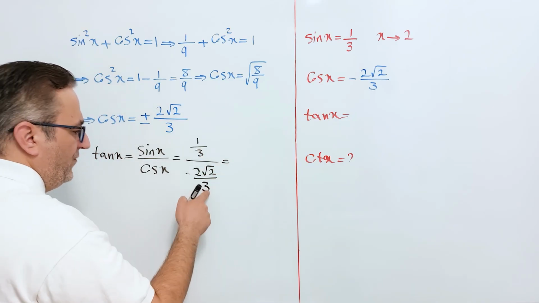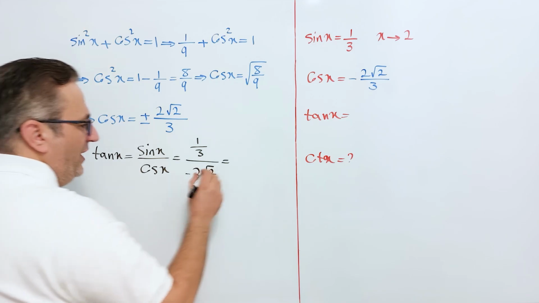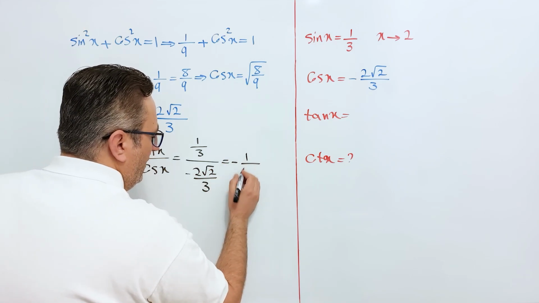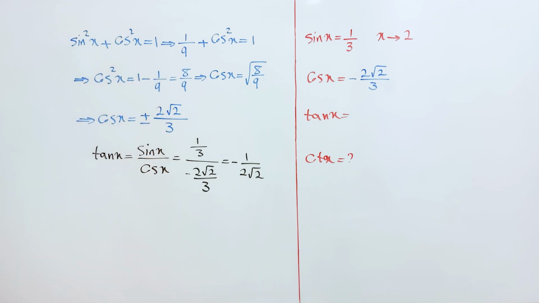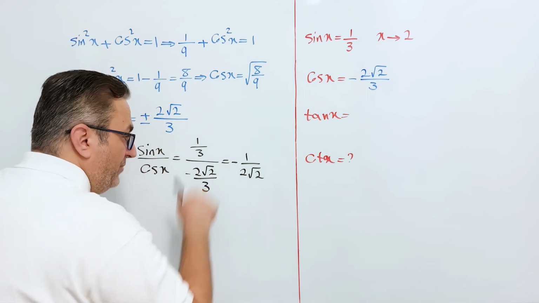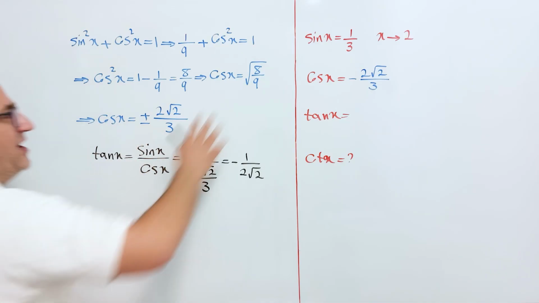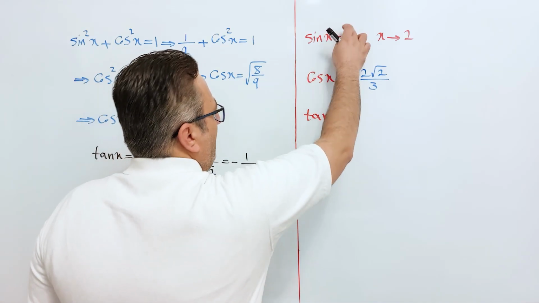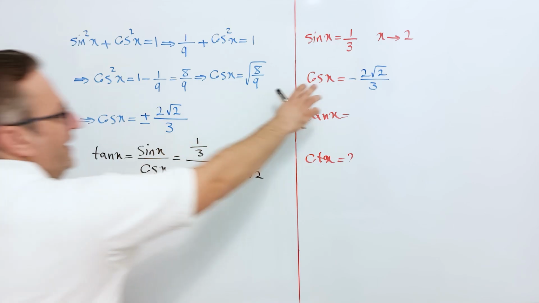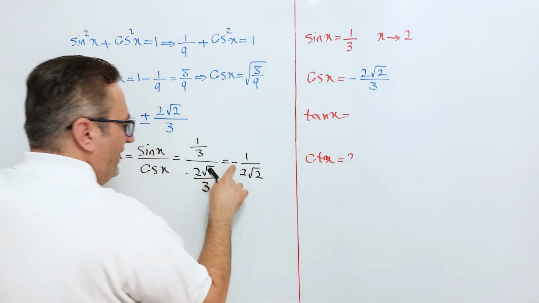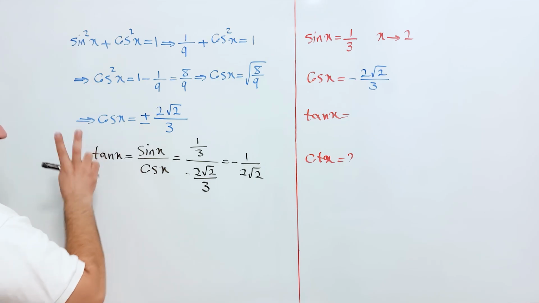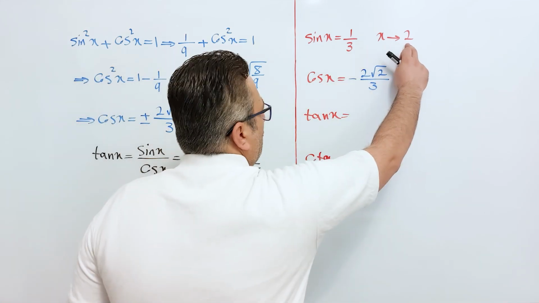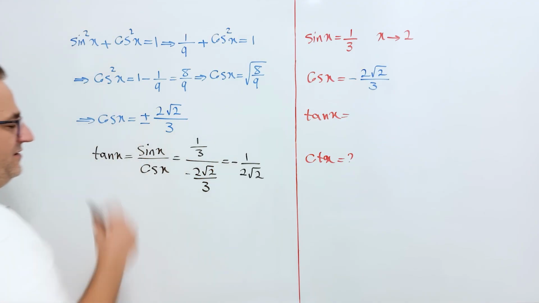So the 3s cancel out and we have 1 over 2 the square root of 2. But with a minus, because sine x is positive and cosine x is negative. And we know that the sign of tangent in the second quadrant is negative.